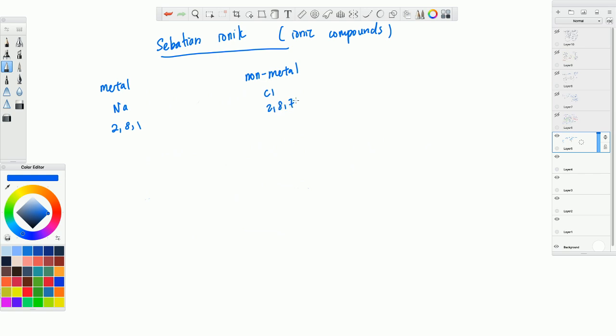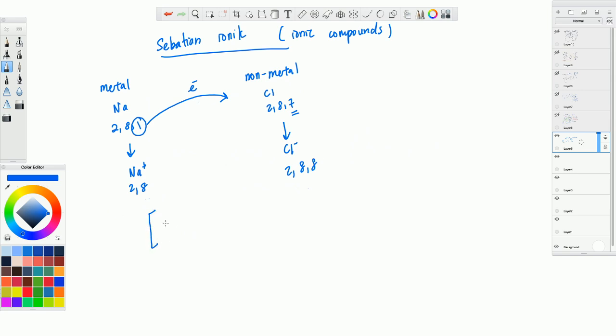Yang logam selalunya membebaskan elektron, yang bukan logam menerima elektron. Daripada 2,8,1 dia menjadi ion natrium 2,8. Daripada 2,8,7 dia menjadi ion klorida 2,8,8.